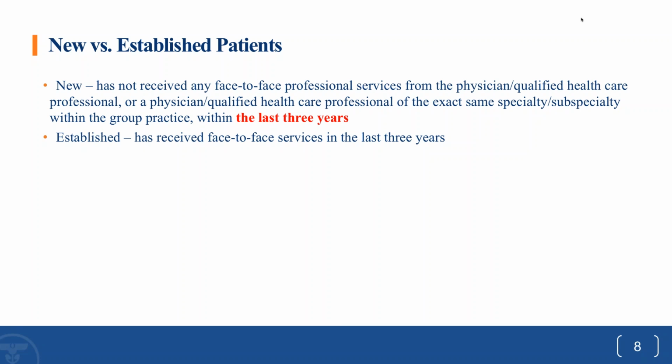Okay, so a new patient has not received any face-to-face professional services from the physician, qualified healthcare professional, or a physician, qualified healthcare professional of the exact same specialty, subspecialty within the group practice within the last 3 years, right? So established, they have received service within the last 3 years.